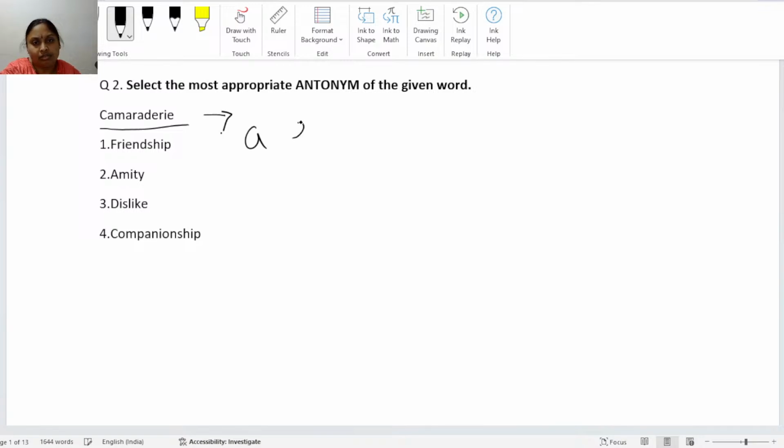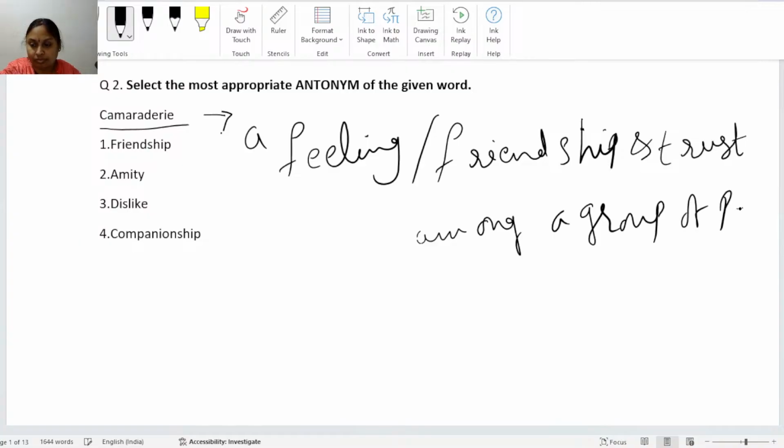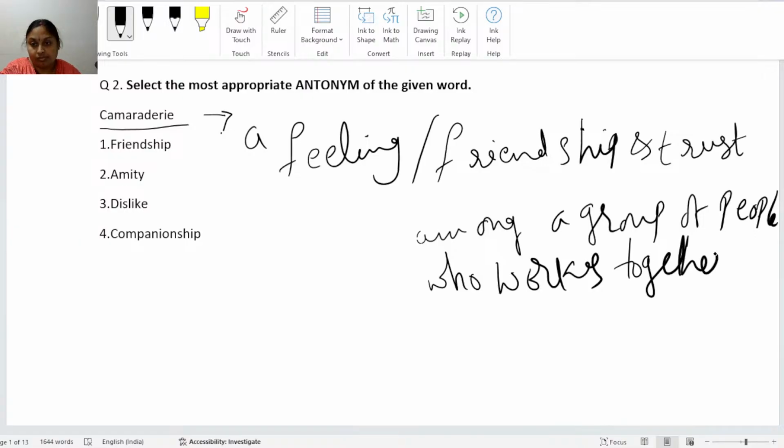Camaraderie is a feeling of friendship and trust among a group of people who work together.